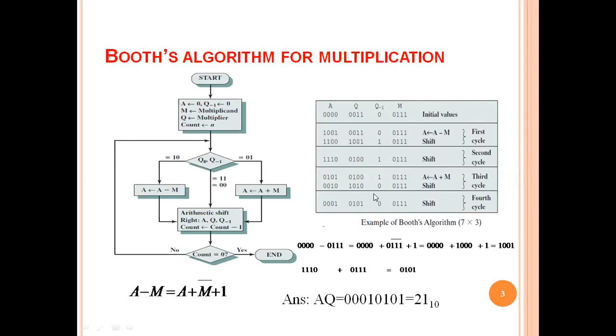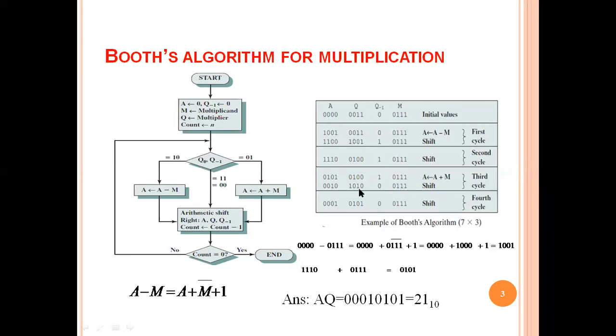Then again we have to check the rightmost bit of Q, that means 0 here, and Q minus 1, that also is 0, so 0, 0. If I go to the algorithm, for 0, 0 we only have to do the arithmetic right shift.